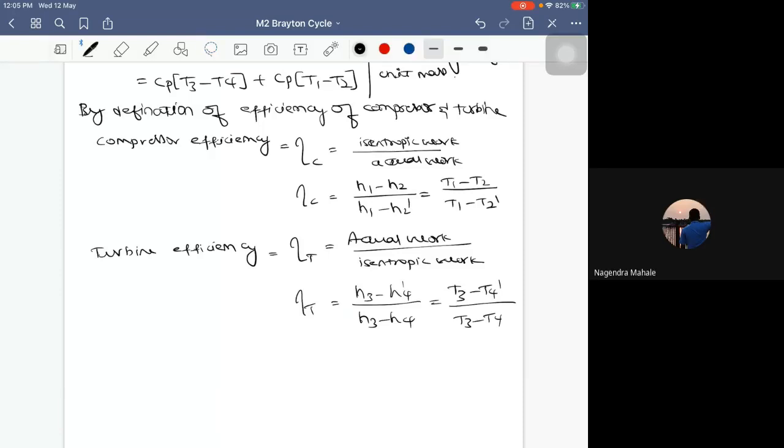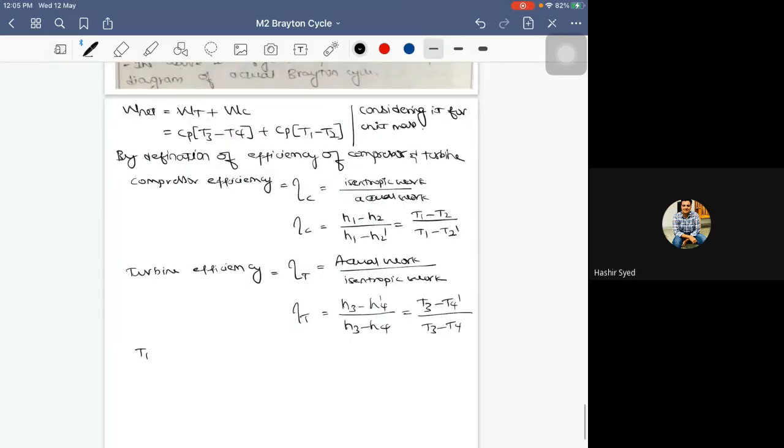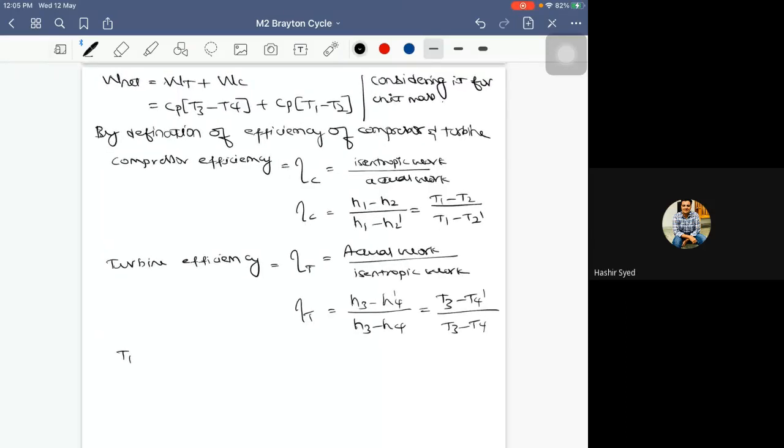Taking this here and this, can I write it as T1 minus of T2 is equal to efficiency of a compressor into T1 minus of T2 dash. Can I write it as such?